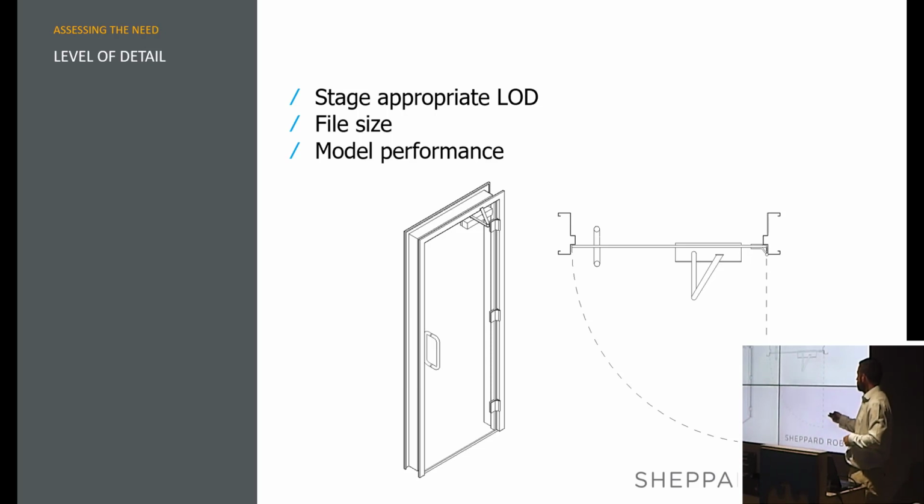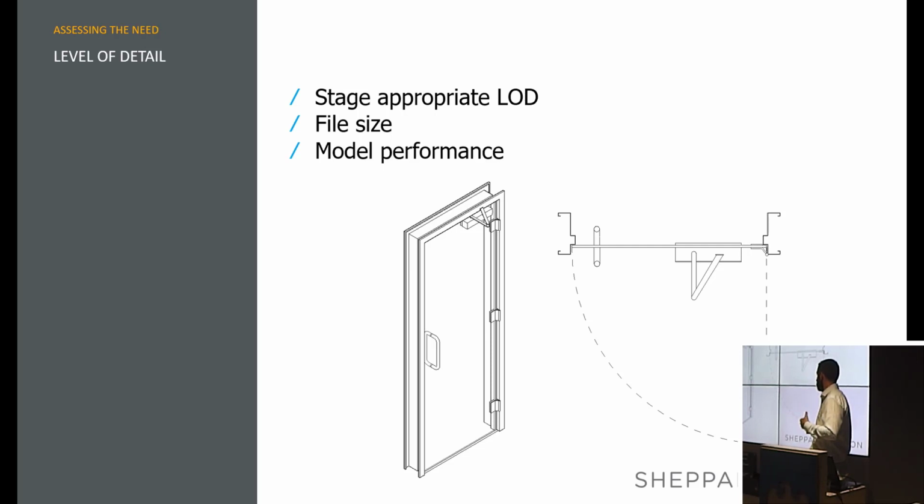This isn't one of our doors. This is something that has come from one of the libraries that I showed you earlier on. But I'd only really use this, if at all, at stage 4 or midway through stage 4, once I have a clear understanding of what it is. But the majority of the time we don't even go to this level of detail or anywhere close to it, primarily because of our design responsibilities.